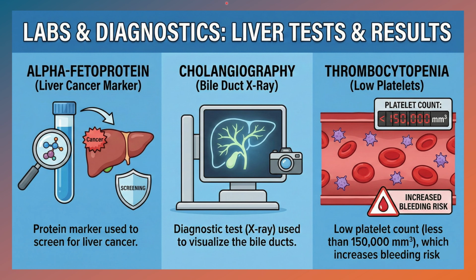The cholangiography, so you see chole, so it's the bile, and then the graphy, it's the picture. So diagnostic test like X-ray used to visualize the bile ducts. So this radiologic imaging of the bile ducts to detect blockage or abnormalities.